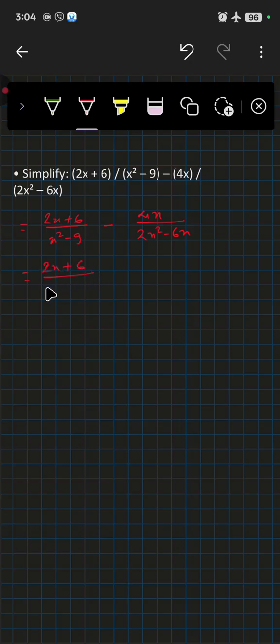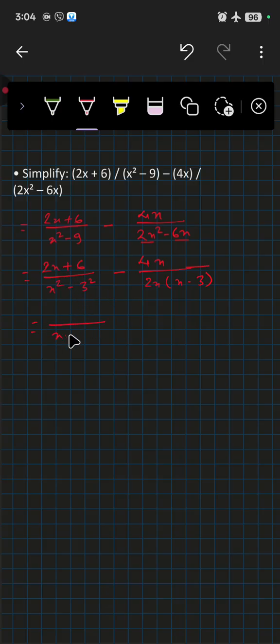So that comes x square minus 3 square. On the top 2 was common, right? We could have taken that. 4x by, over here what do you see? 2x is common. So if you take 2x common, what is left? x minus 3.